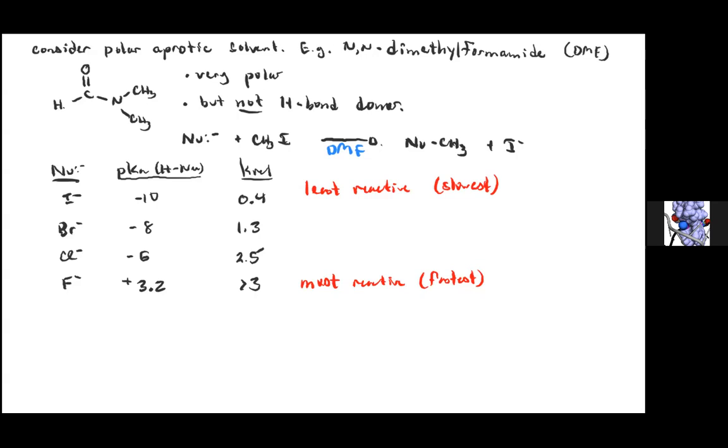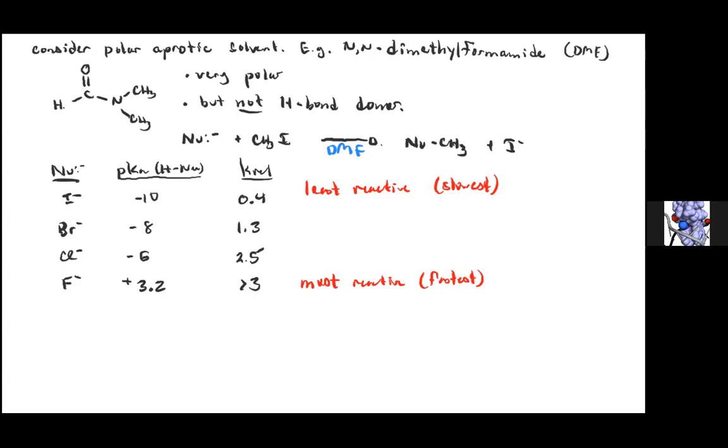What we say is that fluoride, because HF has the most positive pKa value, is the least stable anion, and we don't have any interactions with solvent that can selectively stabilize the fluoride.